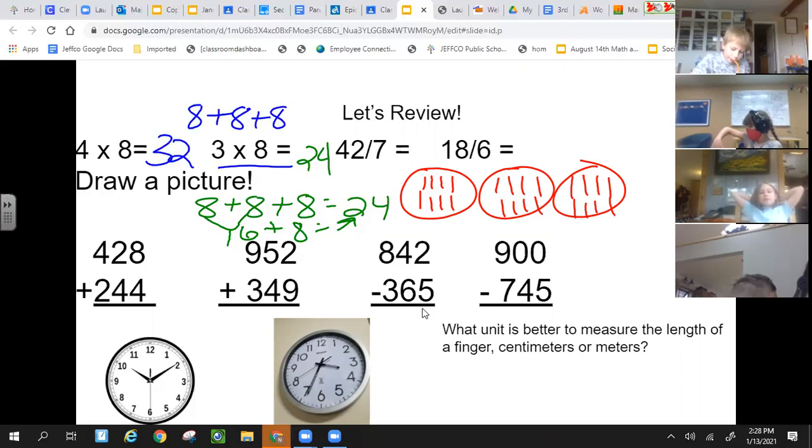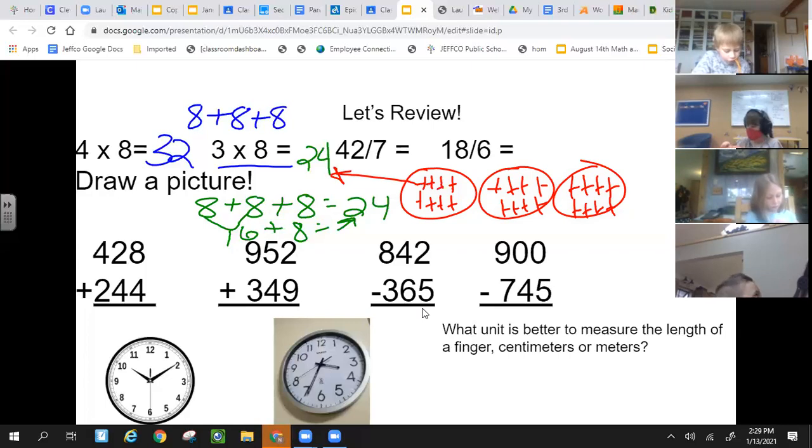And then we could count them up. 1, 2, 3, 4, 5, 6, 7, 8, 9, 10, 11, 12, 13, 14, 15, 16, 17, 18, 19, 20, 21, 22, 23, 24. And we get the same answer.